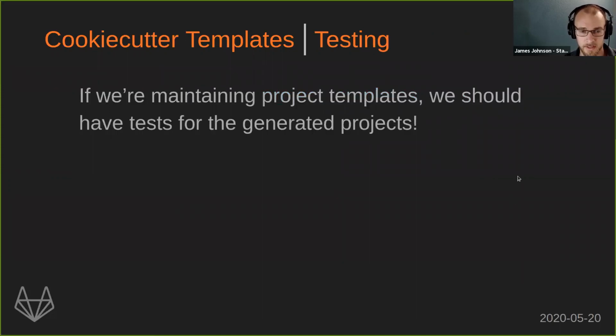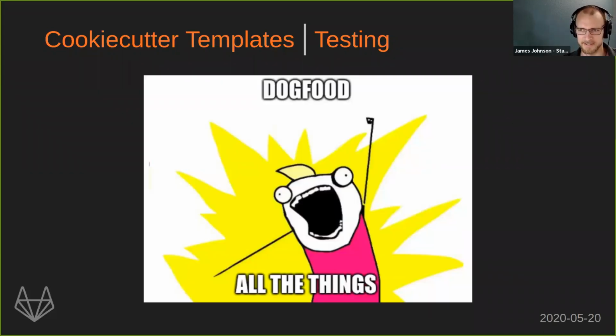All right, so if we are going to be maintaining project templates, we should also have tests that the templates work. And this is a very interesting thing to me. I've done this a different way before, but part of the project template itself is the GitLab CI.yaml. You want to make sure that that works.